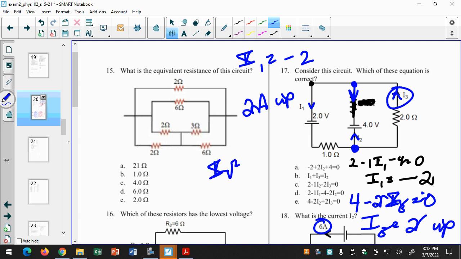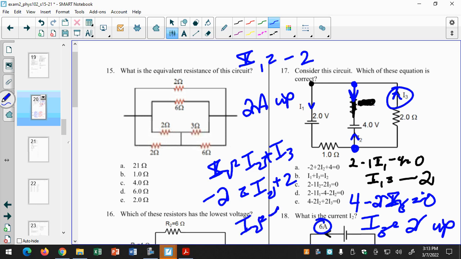I1 equals I2 plus I3. I1 is negative 2. I2 I want to know. And then I3 is equal to 2. So I2 is negative 4. Okay, so that means that I chose I2 up. That means I2 is going to be 4 amps down. That's going to be very much like your free response.